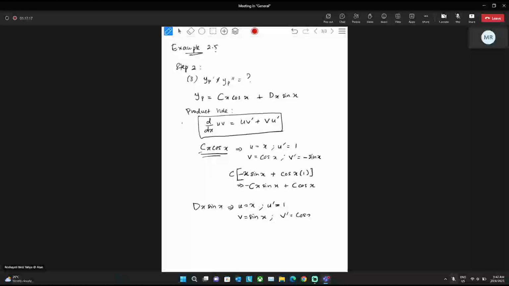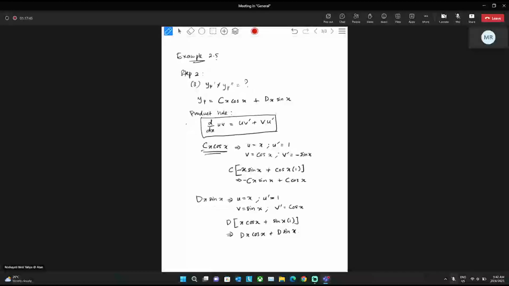So this becomes D, u is x, dv is cos x plus v sin x du. Dx cos x plus D sin x. Okay. So after that, you need to combine both of these.